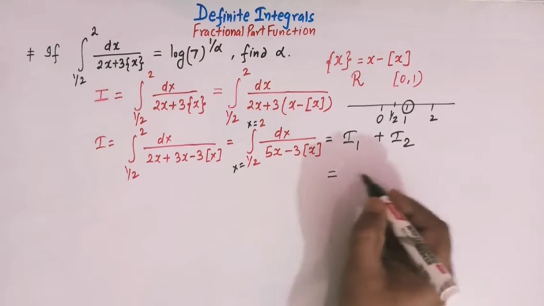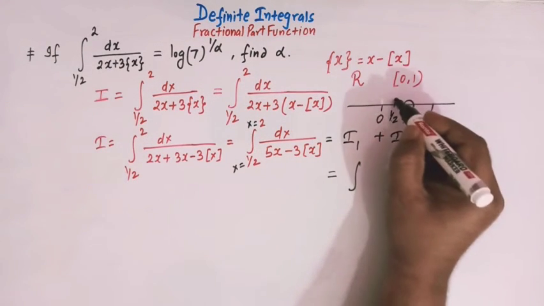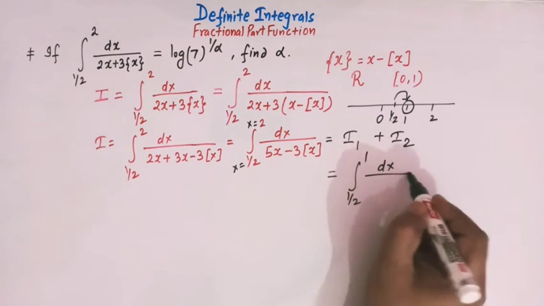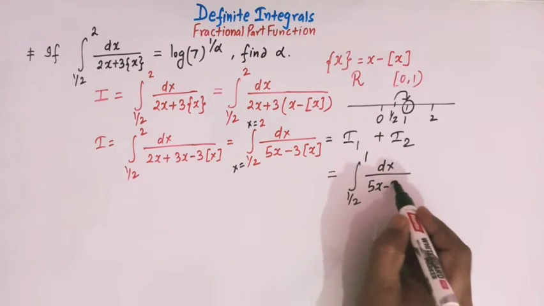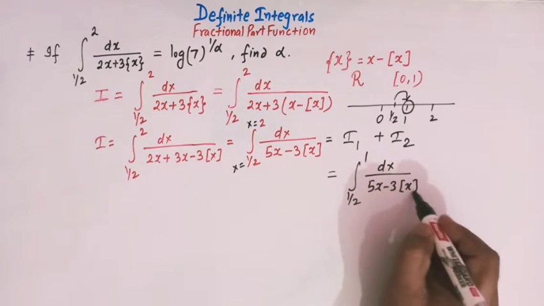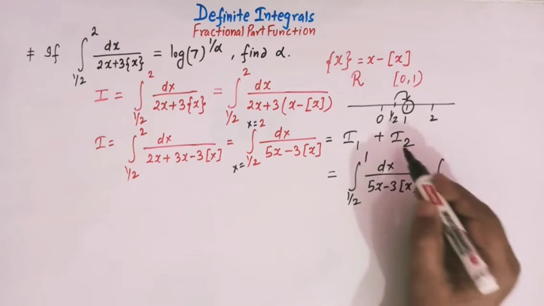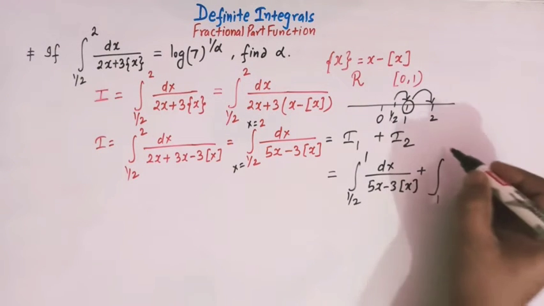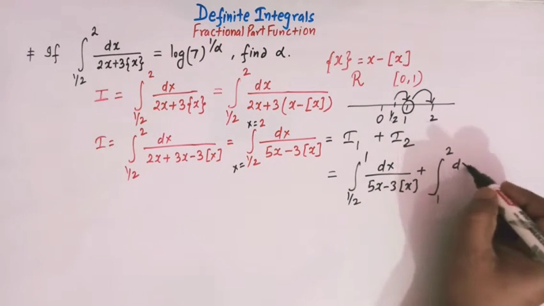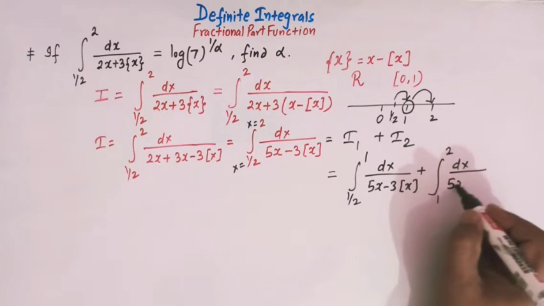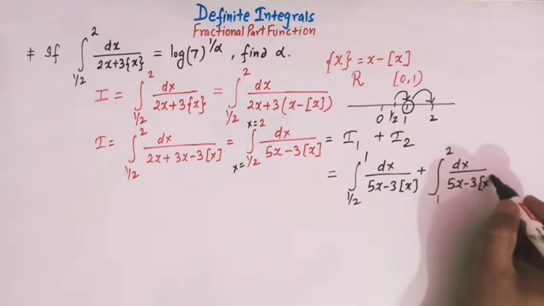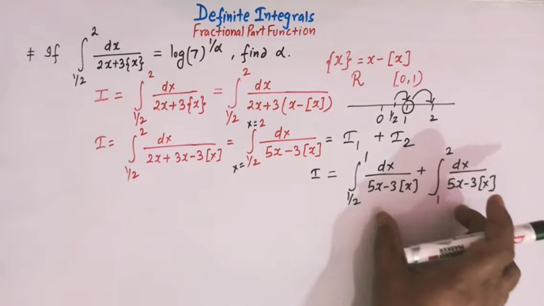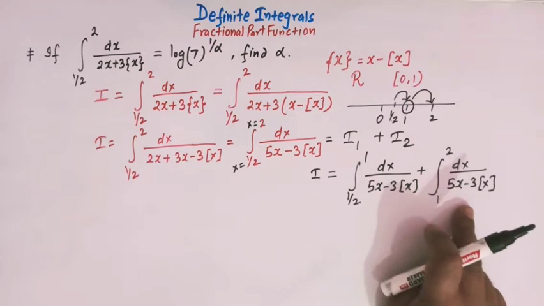So now I1 is from half to 1, dx over 5x minus 3 times the greatest integer of x, plus I2, which is from 1 to 2, dx over 5x minus 3 times the greatest integer of x, right? So now I is equal to the sum of these two integrals.